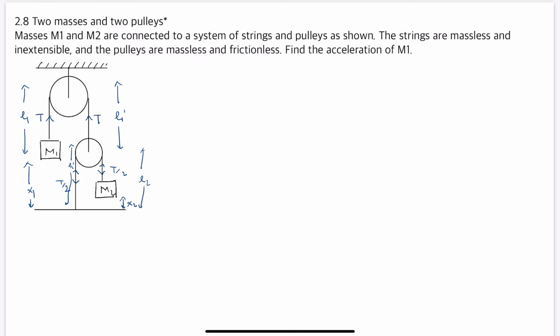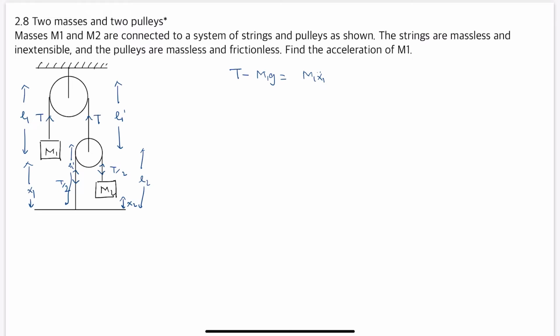So the first step is to write the equation of motion for each one of them. So let's say for m1 I write tension minus m1g equals m1 x1 double dot.